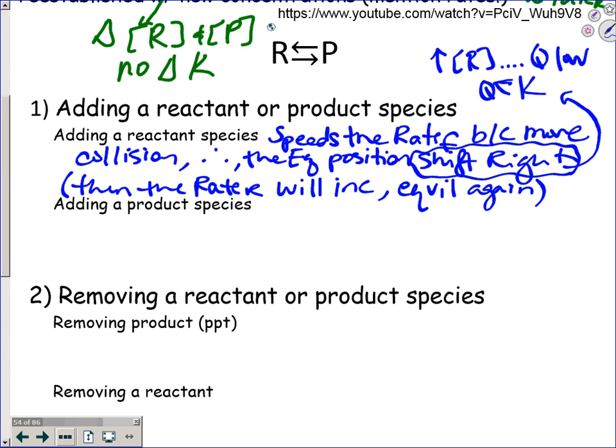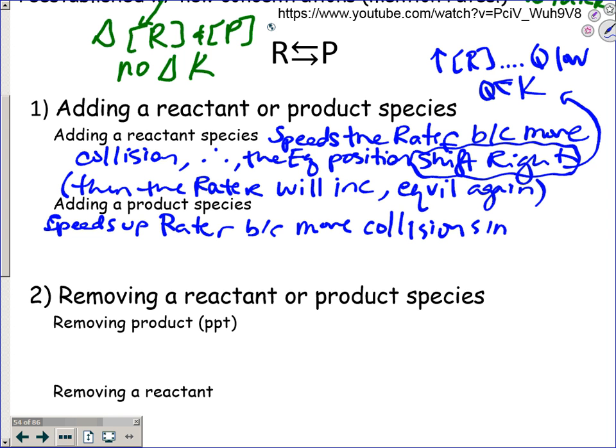So you guys are saying speeds up what? Rate of the reverse reaction, okay? Because what? More collisions in products or something like that.